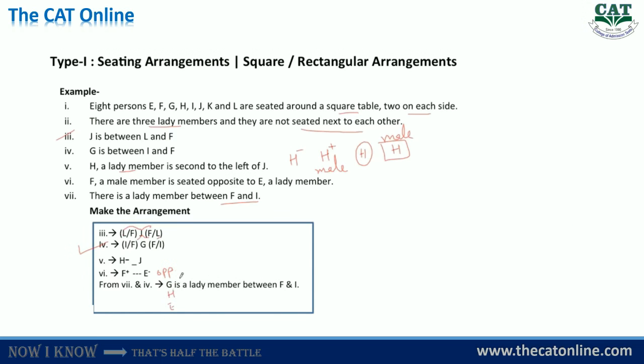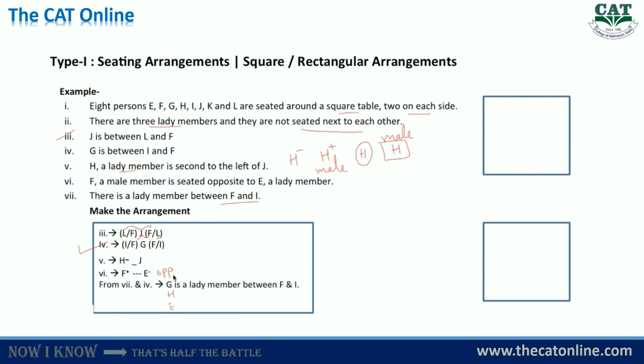Now let's try to use this information. I cannot use all this information. These are all comparative information which cannot be plugged into these skeletons. So this is the best information that I can use to start. H is sitting second to the left of J, but there are two possible places in a square.